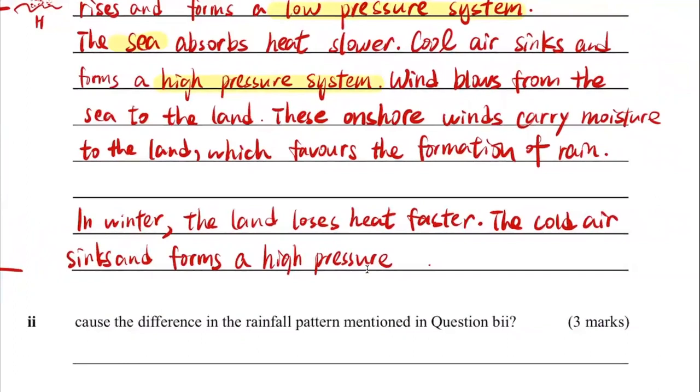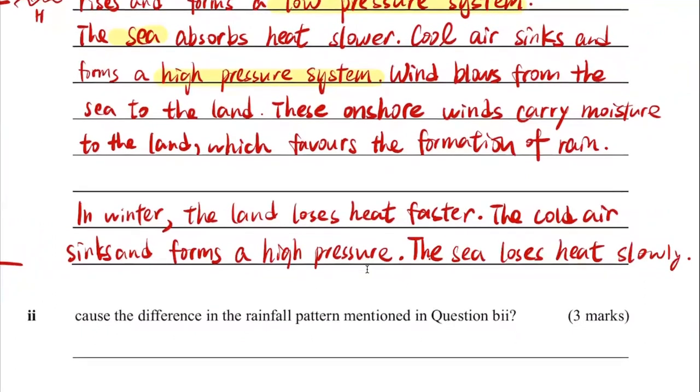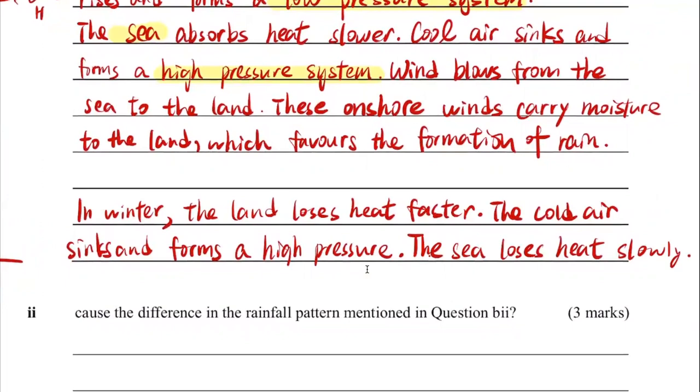And the sea loses heat slowly. That means it's still warm when it is in winter.